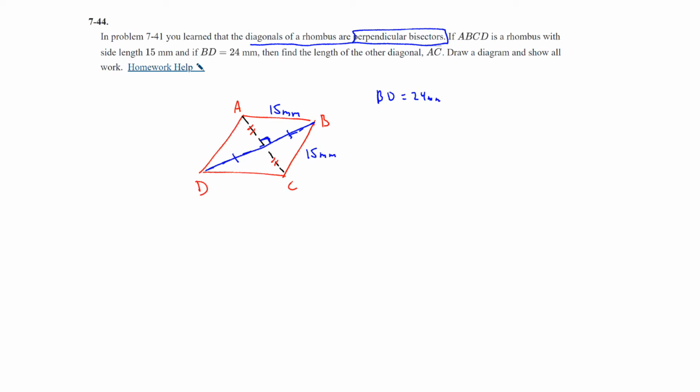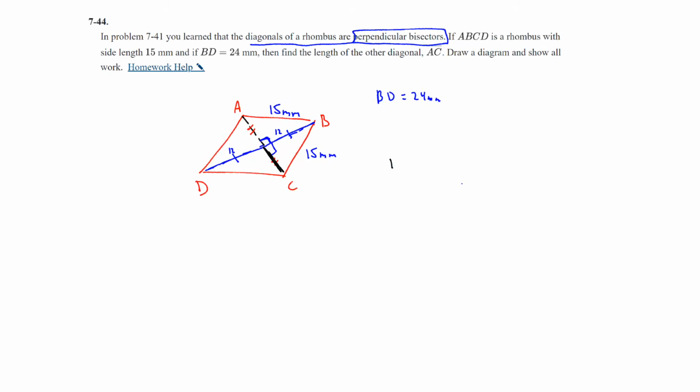So if you look at the information we have, if BD is 24, then this side length is 12 and this side length is also 12. So we have a right triangle. We know that the leg of the right triangle is 12 and the hypotenuse is 15, which means we can find this other length right here.